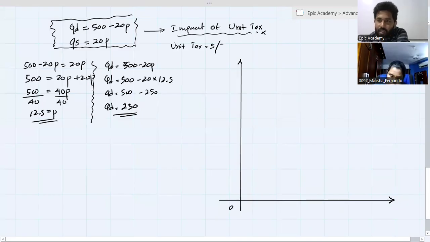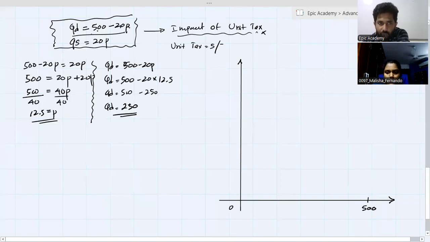Without calculation, you can identify the crossing point. How? Just take this QD equation. Just assume that P is 0. 0 multiplied by 20 becomes 0. QD must be 500. Yes, this is 500.